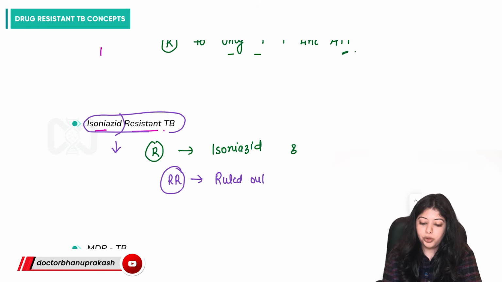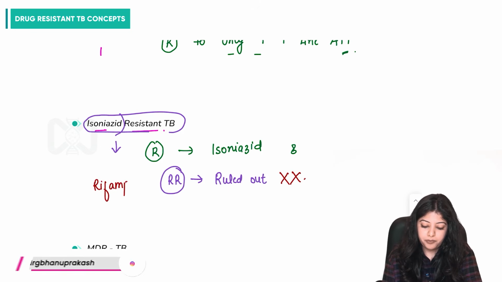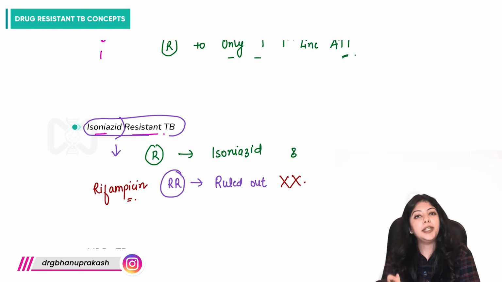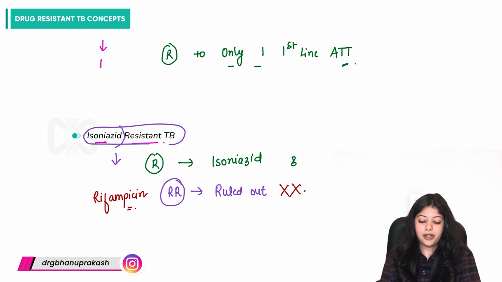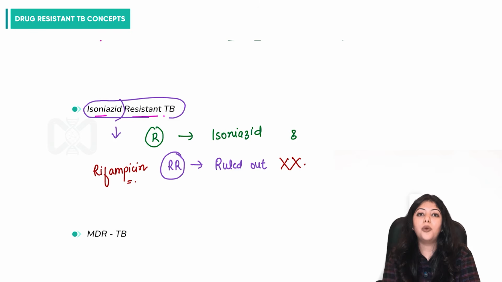There is no rifampicin resistance present. So mono-resistance can include any of the four first-line anti-TB drugs, whereas isoniazid resistance includes only resistance to isoniazid.